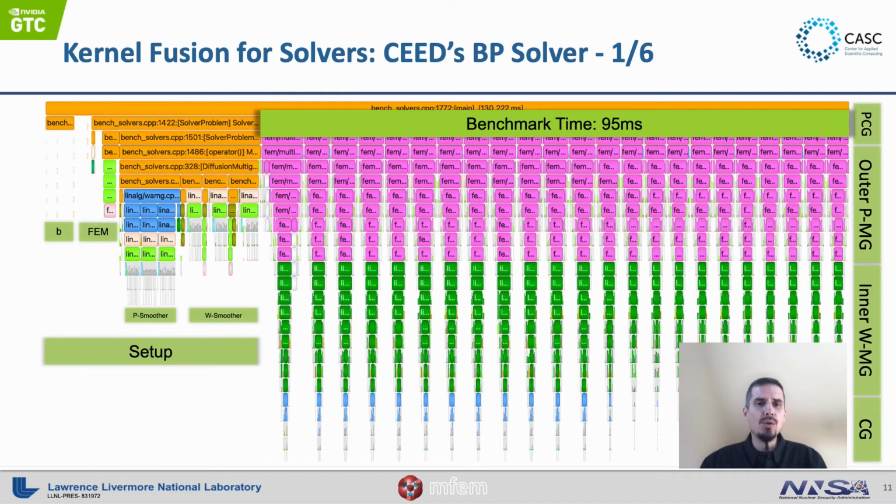The middle part shows one full benchmark of the preconditioned solver, which takes, without any fusion, 95 milliseconds. The pink part is for the outer p-multigrid. We can see the different levels of each reduction in the orders, using the transfer operators and the Chebyshev smoothing steps.